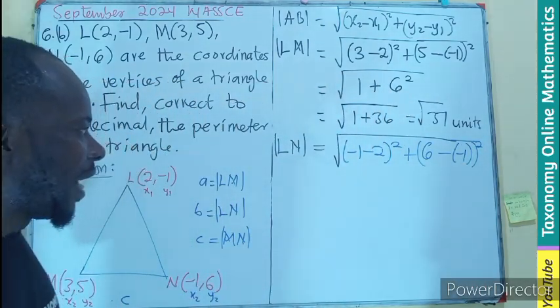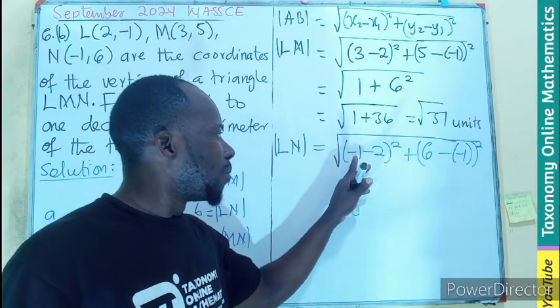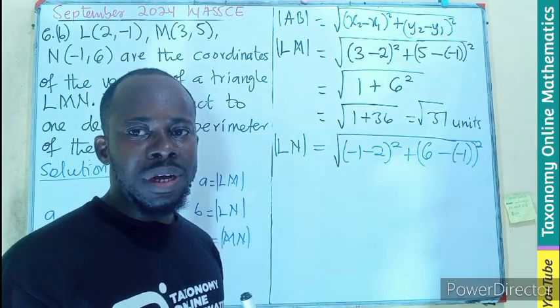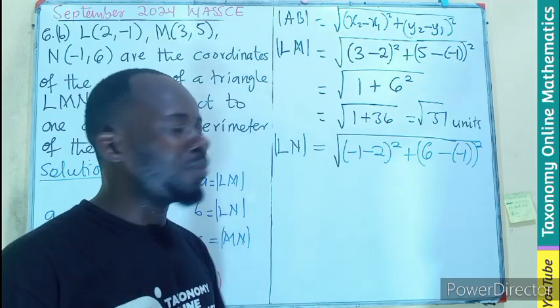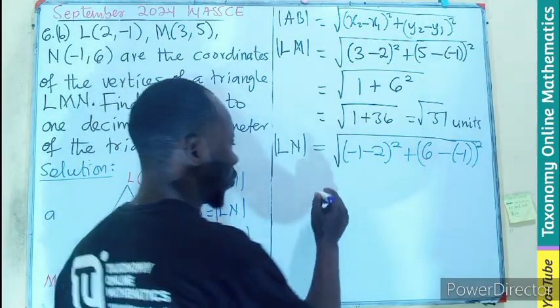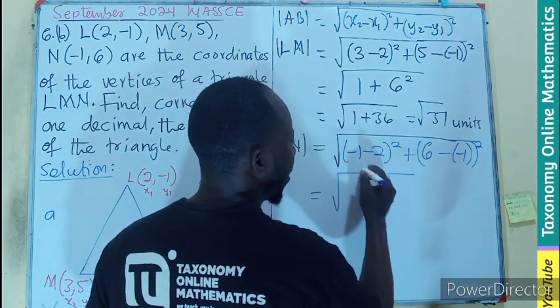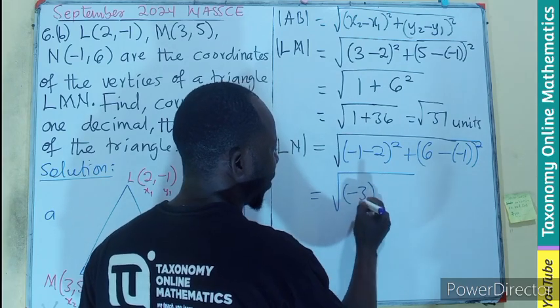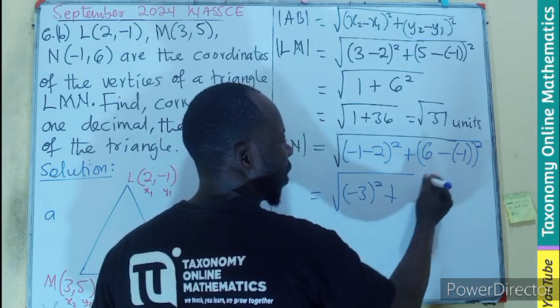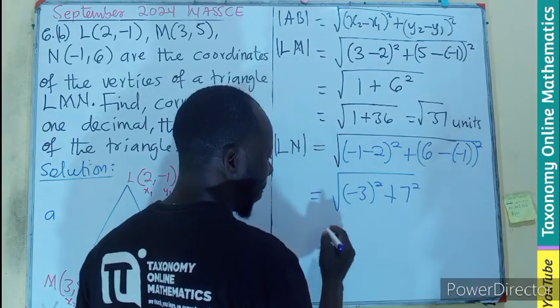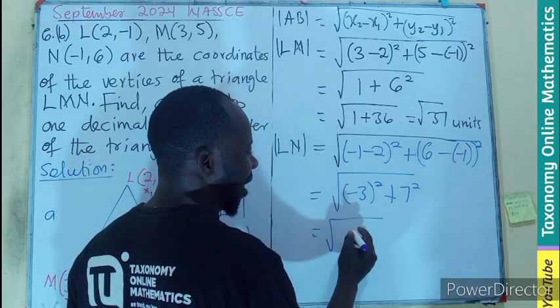Now, in the first bracket, minus 1 minus 2 is minus 3. I have a minus 1 and another minus 2; add them together, that gives minus 3. So we are going to have the root of minus 3 all squared, plus, negative, negative, positive, 6 plus 1, 7 all squared.